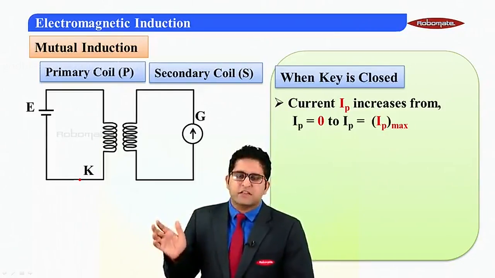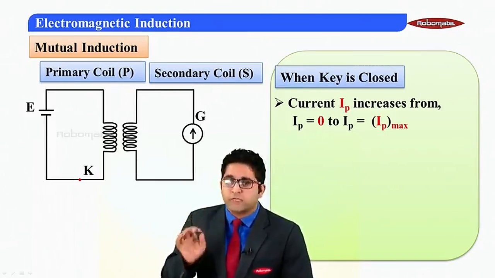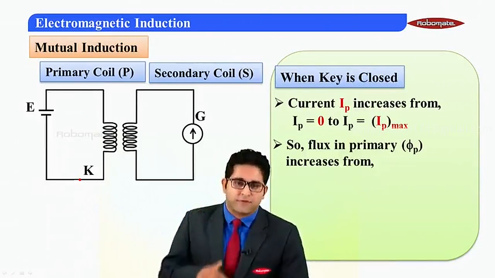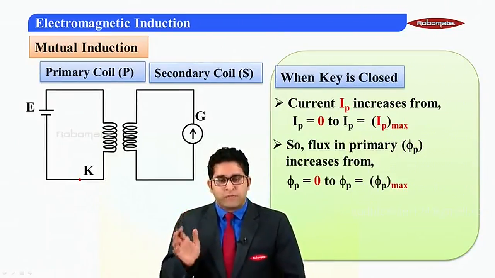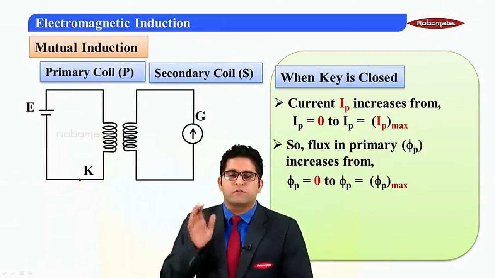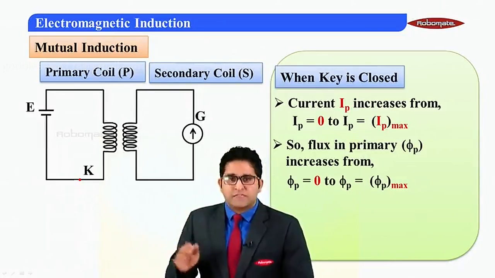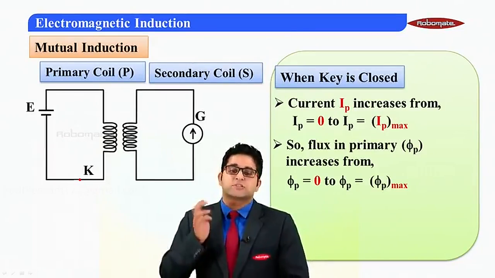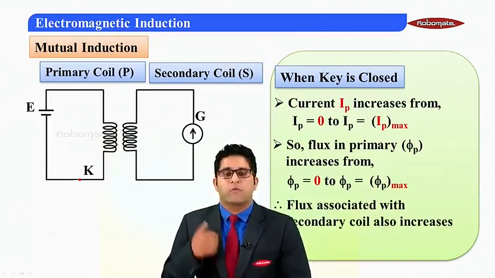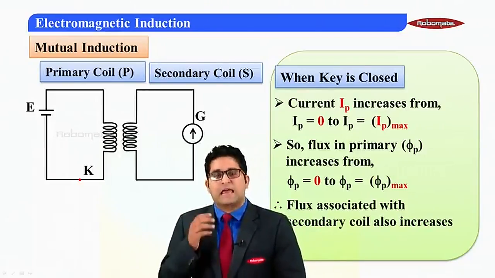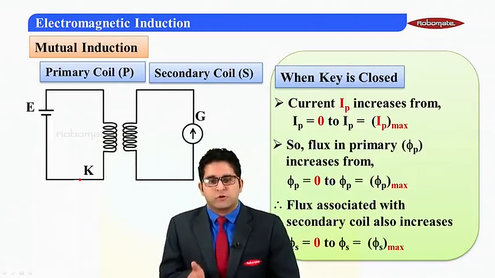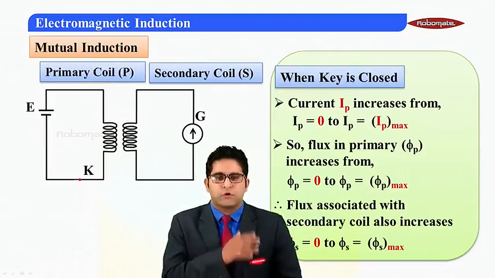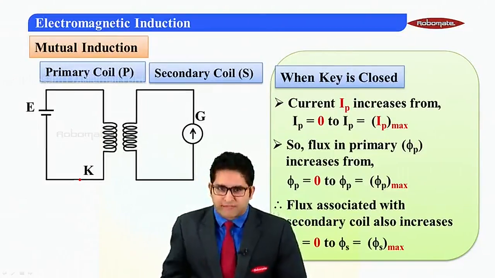Now as current is increasing from 0 to maximum value, the flux of primary will also increase from phi P equal to 0 to phi P max. Now as flux of primary is increasing, the flux associated with the secondary coil will also increase, from phi S equal to 0 to phi S max, right?